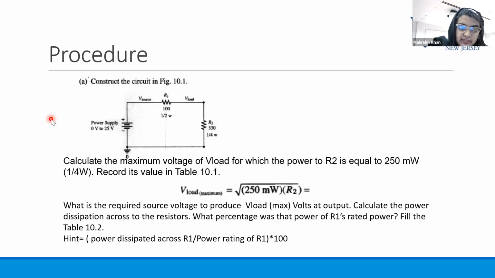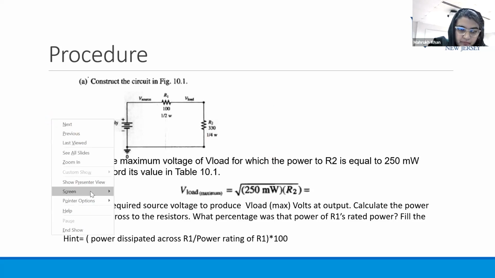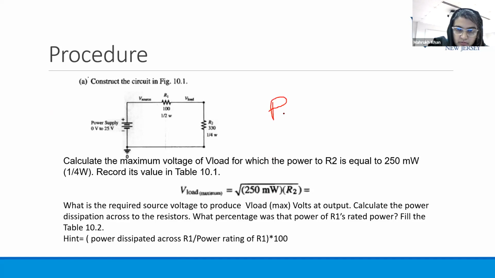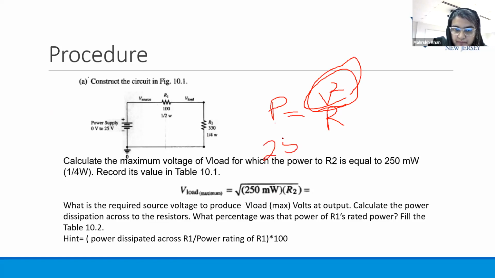So this is the thing you are doing here. So you are trying to find what is the voltage here that you can apply by keeping this resistor under its power rating. So its power rating is 250 milliwatt.